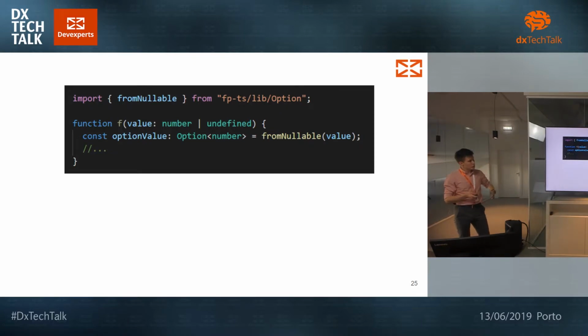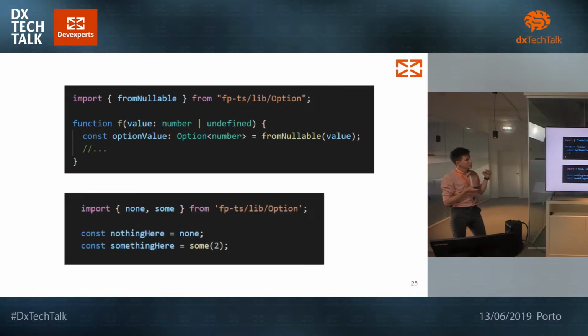But at runtime, if you give it undefined or null, it will give you none. And if you give it something meaningful, you will get back your value wrapped into a some instance.